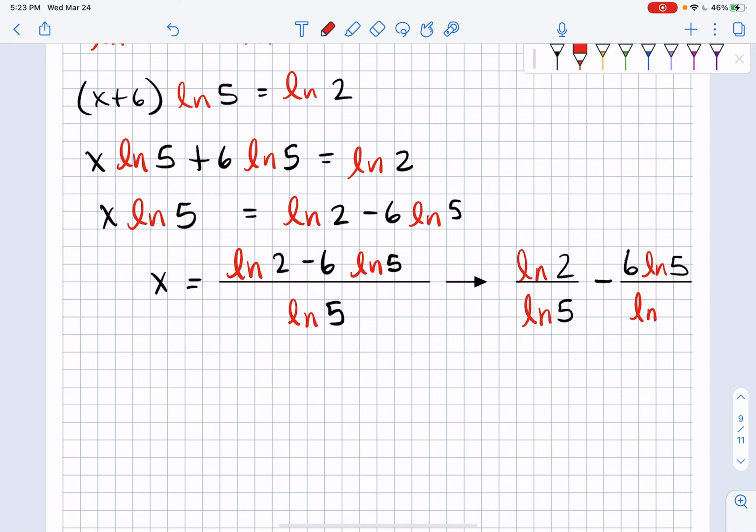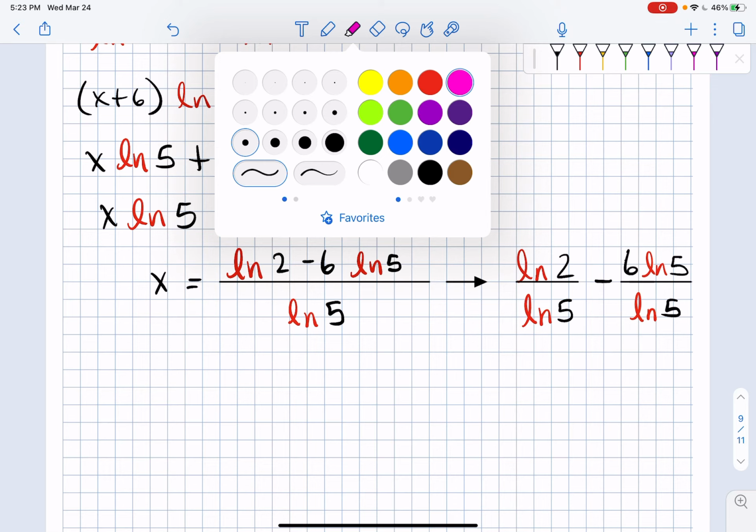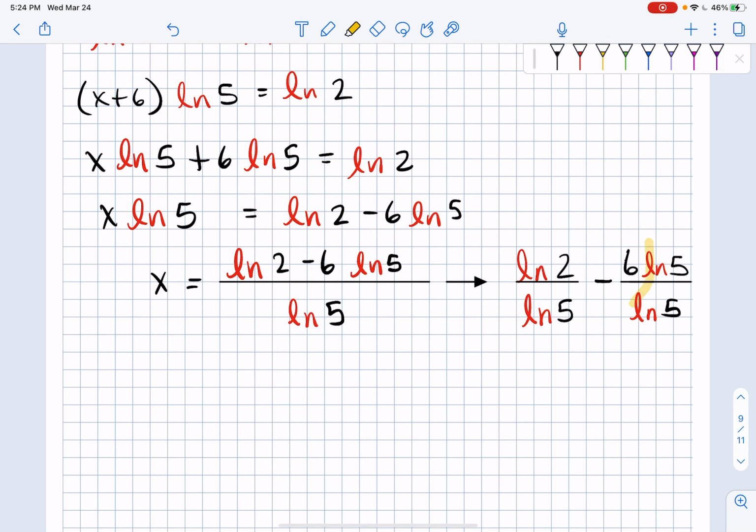the ln of 5. And if you notice what happens, look, ln of 5, let me do a different color here. If you notice that ln of 5 and ln of 5 here would cancel each other out, right? So it would be left with a 6.